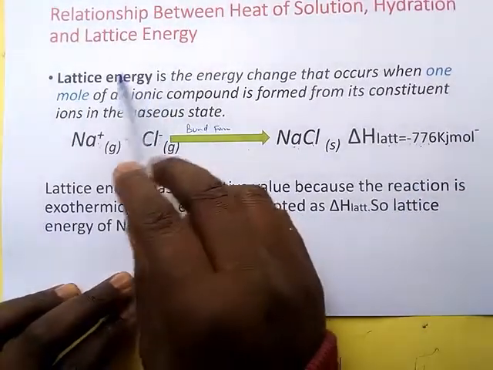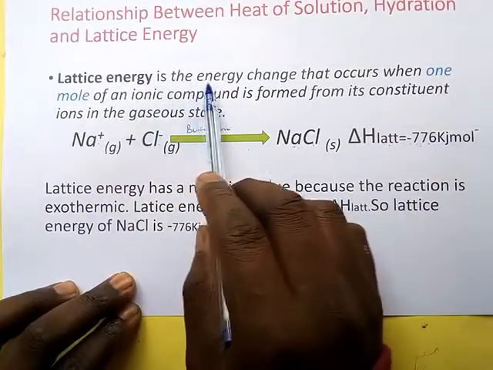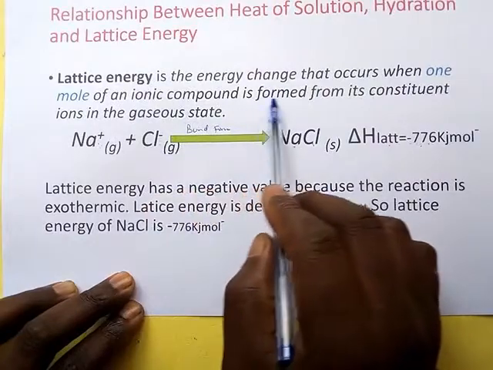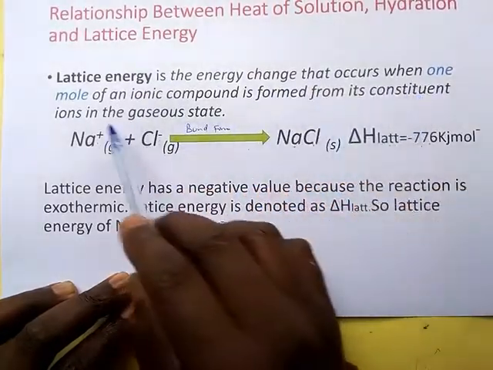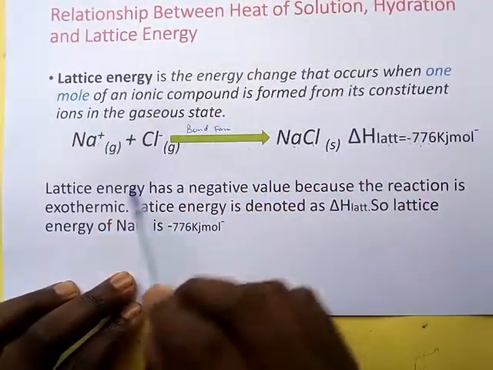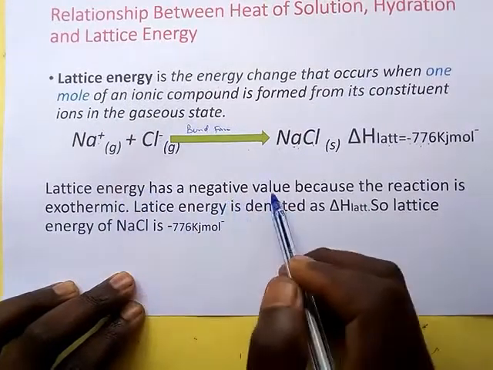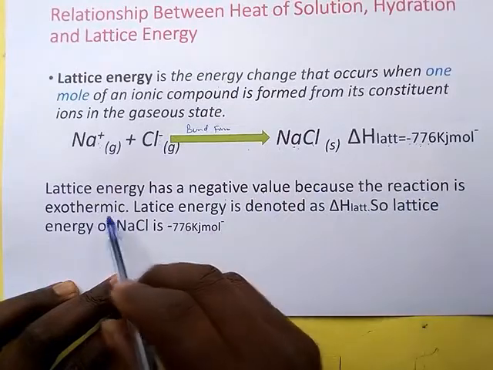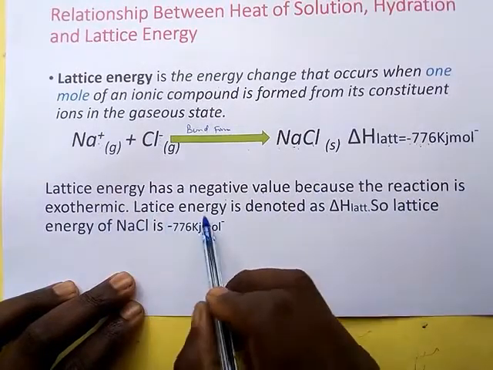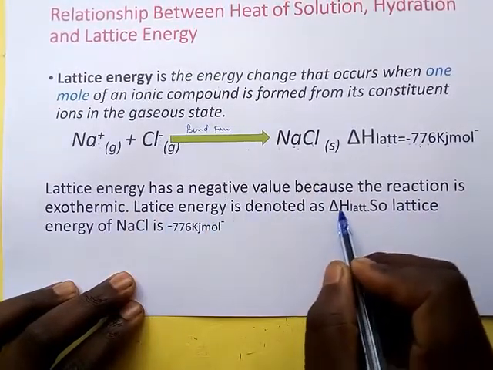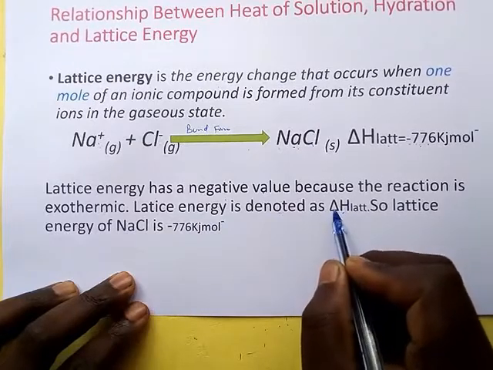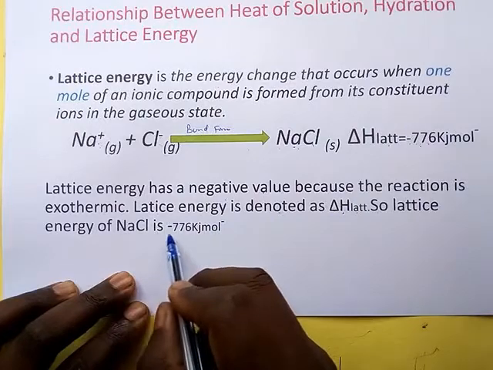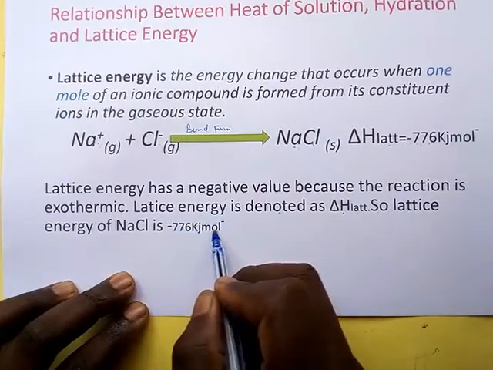So it is important to know what lattice energy is. It is the energy change that occurs when 1 mole of an ionic compound is formed from its constituent ions in a gaseous state. Lattice energy has a negative value because the reaction is exothermic. We denote lattice energy by this heat change symbol, lat. So the lattice energy of sodium chloride is -776 kilojoules per mole.